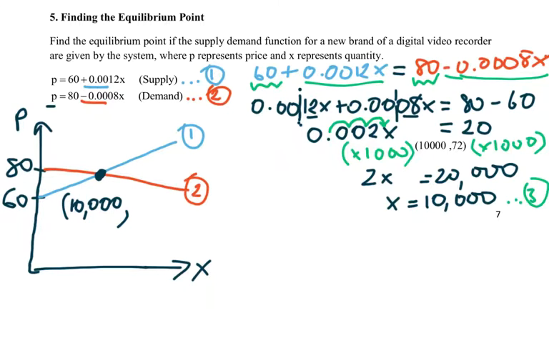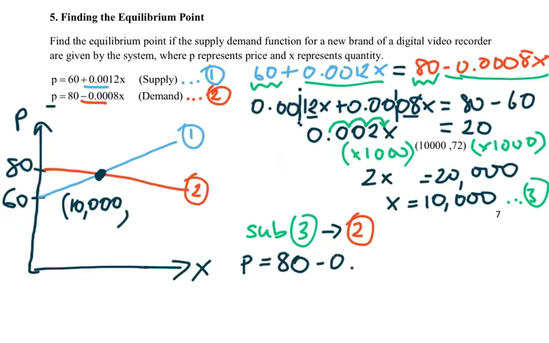We now want the value of p for the other part of the coordinate. We want to substitute equation 3 into equation 2, which is going to be slightly easier for this one. So we'll have p equal to 80 minus 0.0008, and instead of x we're going to multiply by 10,000.